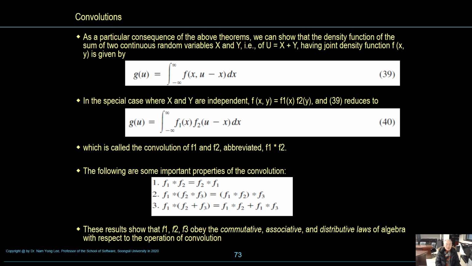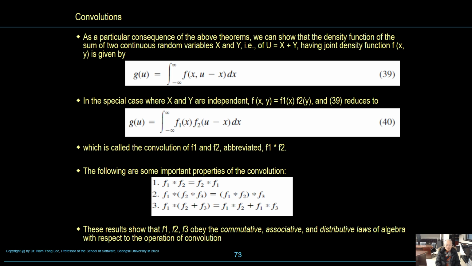In the special case where X and Y are independent, f(x,y) equals f1(x) multiplied by f2(y), and the formula reduces to g(u) equal to the integral of f1(x) f2(u minus x) dx, which is called the convolution of f1 and f2, abbreviated f1 star f2.